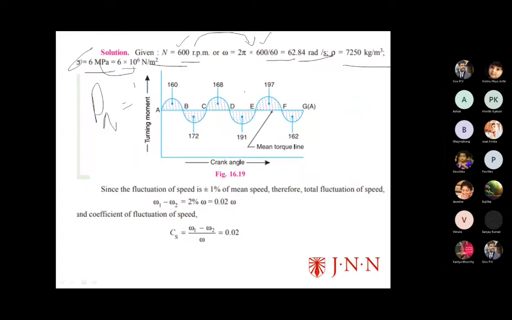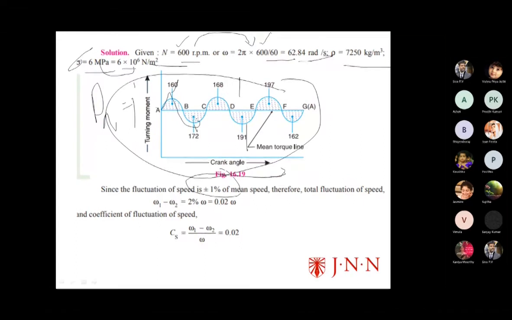So this is a turning moment diagram. Crank angle is on the x-axis, turning moment on the y-axis. Plus 160 minus 172, plus 160 minus 191, like that. Now the fluctuation of speed is within plus or minus one. It can fluctuate only within the limit, positive side one, negative side one.